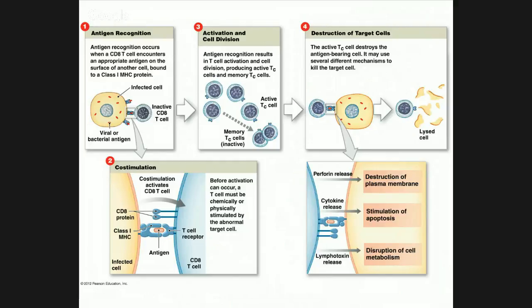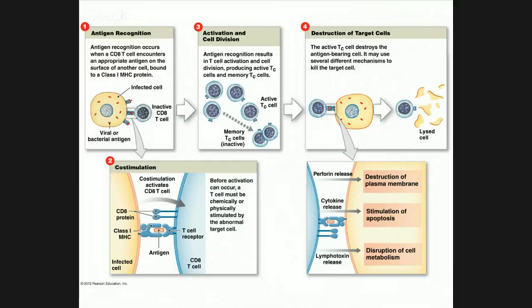When they're active, they leave the lymphatic system and go out into your tissues and find other infected cells, which are infected by the same thing, so that their T cell receptor recognizes the same antigen that they were originally activated with. And they have CD8 on their surface, which recognizes class 1 MHC, which means that they're finding an infected body cell, not a phagocyte that is presenting the antigen. And then they'll kill the cell.